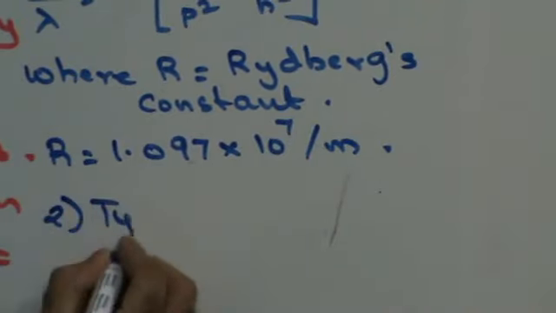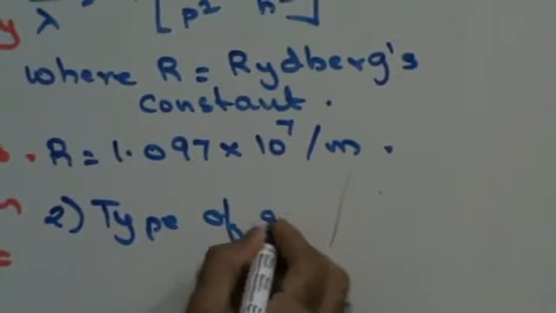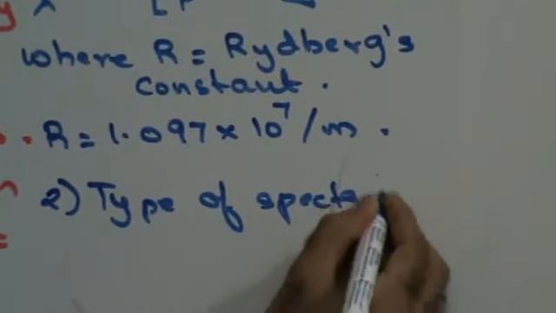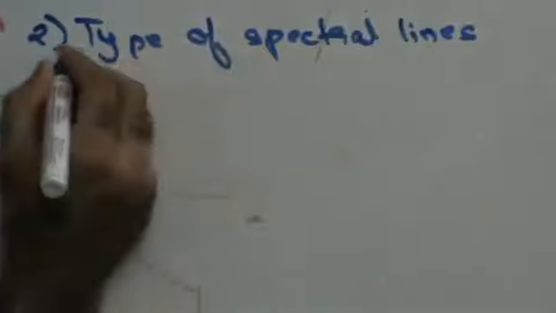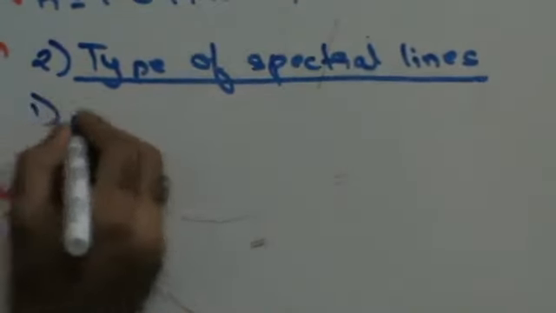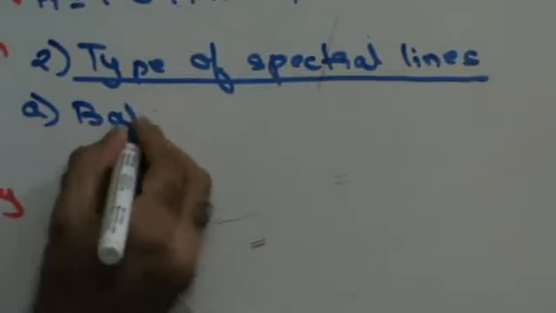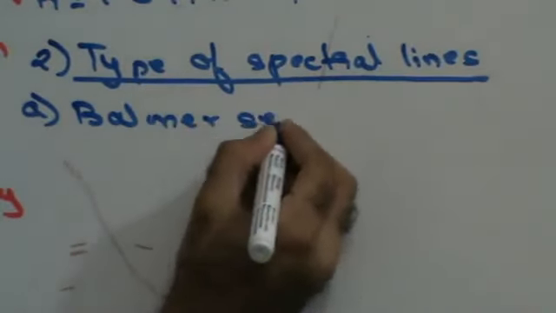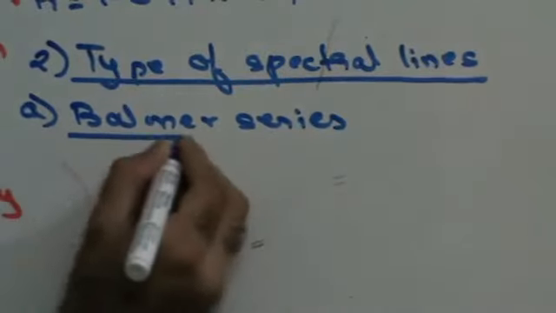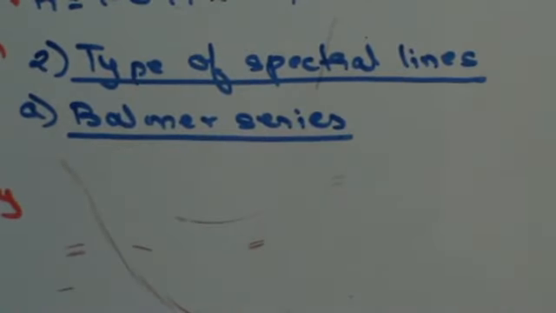Second, types of spectral lines. First is called the Balmer series. Right? What is the Balmer series?